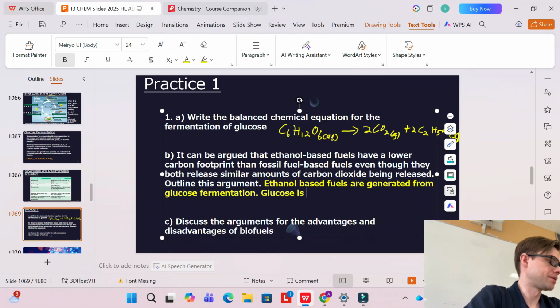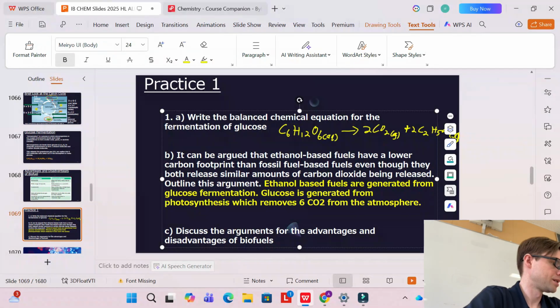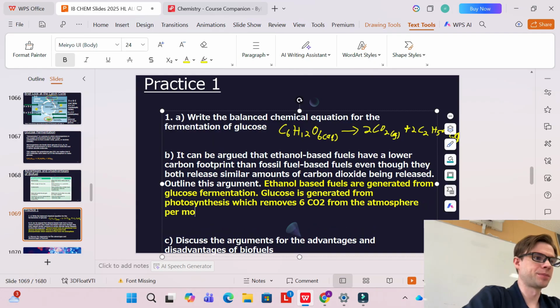Glucose is generated from photosynthesis, things like the Calvin cycle, which removes 6 CO2 from the atmosphere. And that's per molecule of glucose produced.